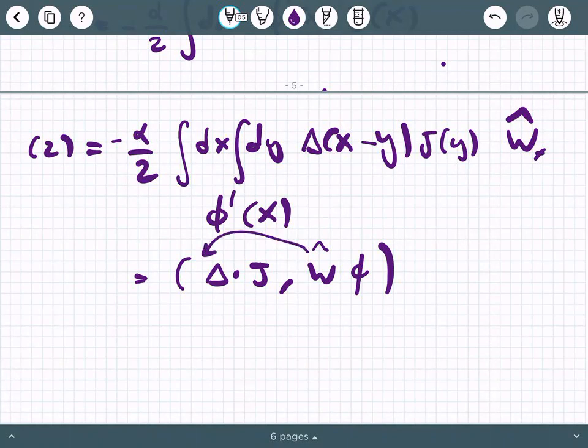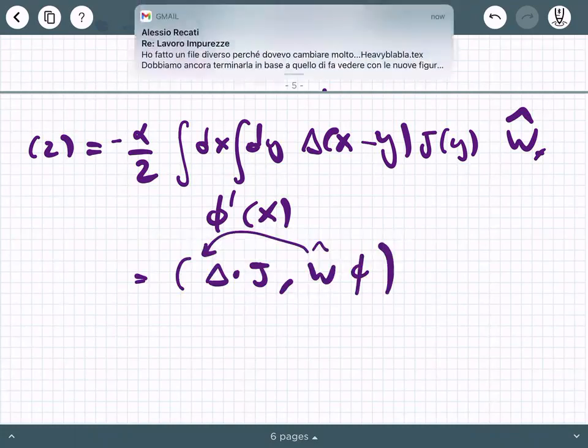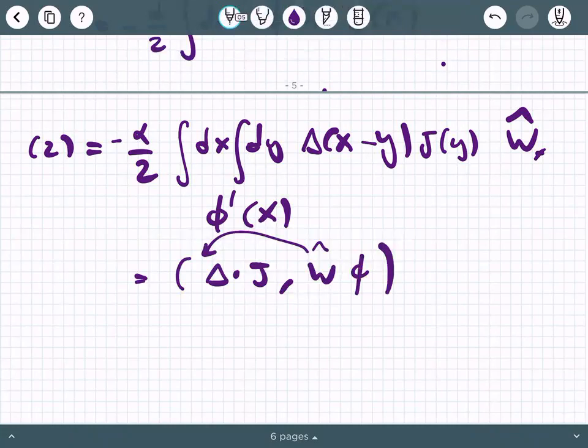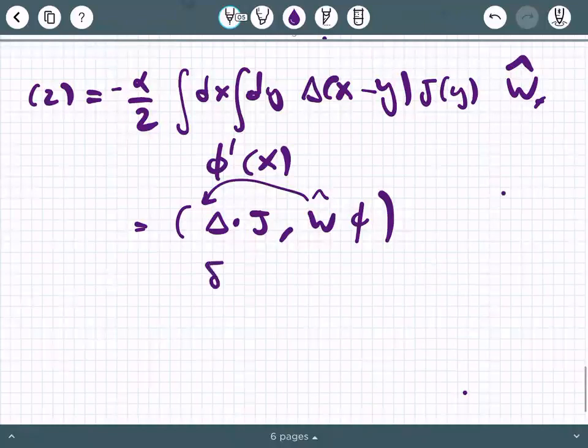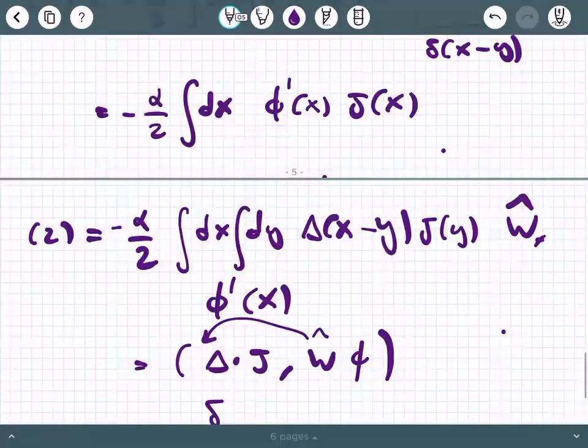The reason is that you can use integration by parts, essentially. If it's a multiplicative term, then of course you can move it wherever you want. If it has derivatives, in order to be Hermitian, it must have an even number of derivatives. And when you have an even number of derivatives, you can act by parts and act the derivative on the left and the right, because any time you have a derivative, you change sign. But with an even number of derivatives, integration by parts will not change the overall sign. You're familiar with these manipulations, right? So as a result of this, this will give exactly the same result as before, because this will give me the delta function. And so we get exactly the same result as 1.